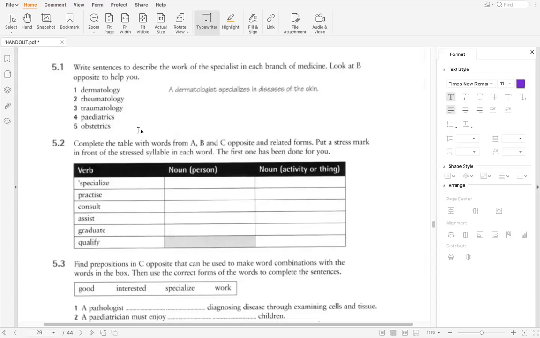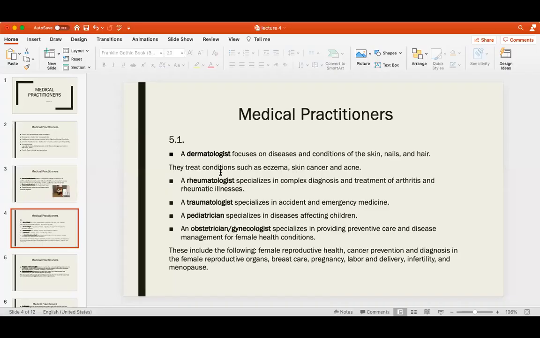I'll show you the definition of these words and the definition of other words of medical practitioners, right? We will take different types of doctors according to their specialty. A dermatologist focuses on diseases and conditions of the skin, nails, and hair.